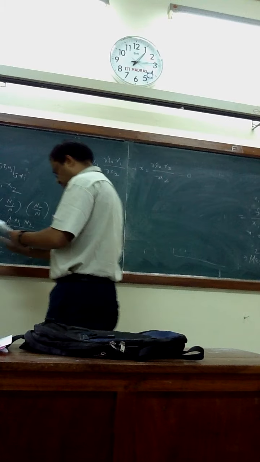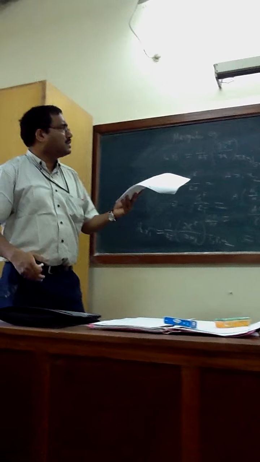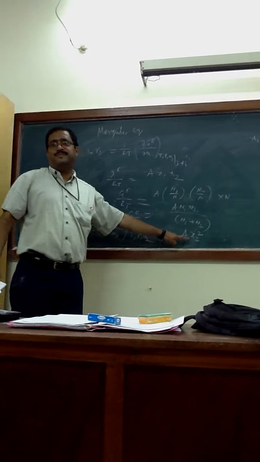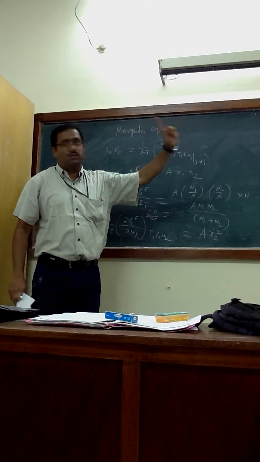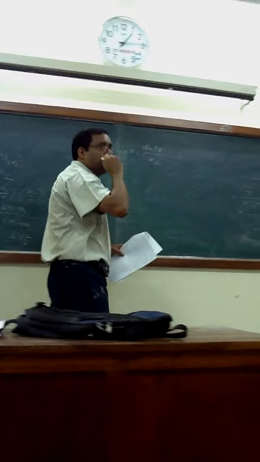Am I correct? Why am I writing dou x2? Because gamma is a function of x2. If it is a function of x1, you take x1. That's all. Find out gamma 2 from here.